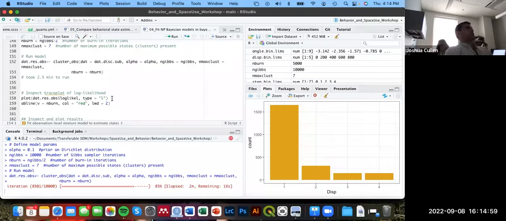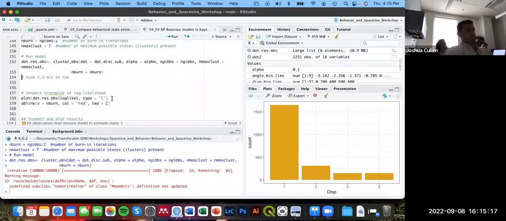And the nuance with this type of model compared to maybe other Bayesian models you may or may not have run before, where you're often looking at trace plots and density plots and autocorrelation functions to assess model convergence, is that, at least for the M4 method, we essentially remove a lot of these other extraneous parameters. So the only way to evaluate whether the model converged is to actually plot the trace plot of the log likelihood itself.